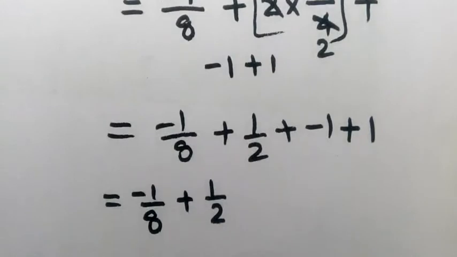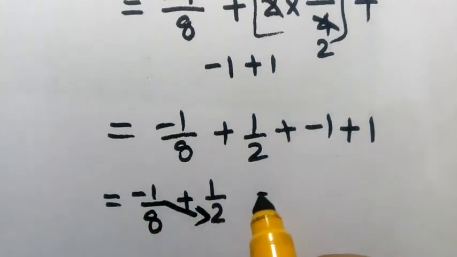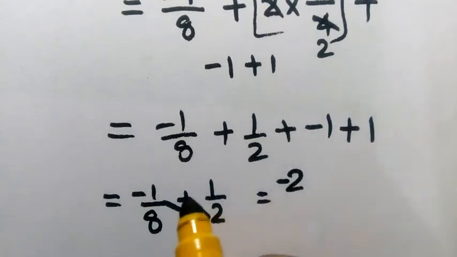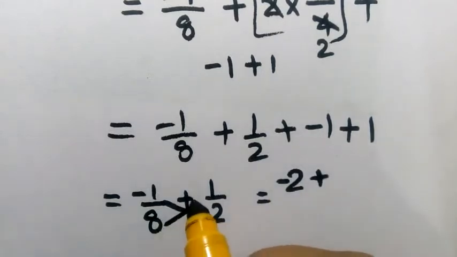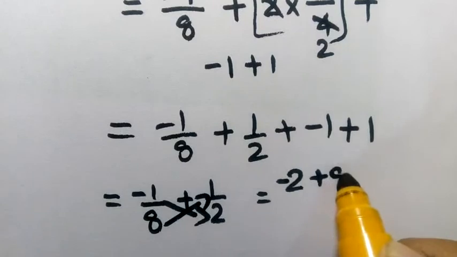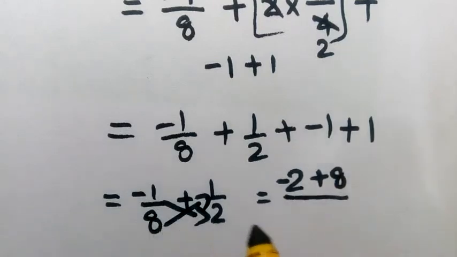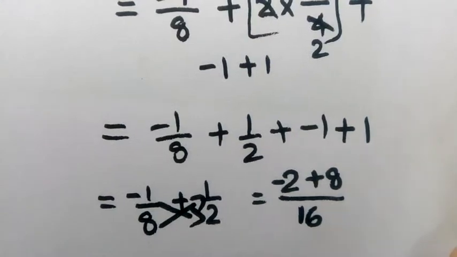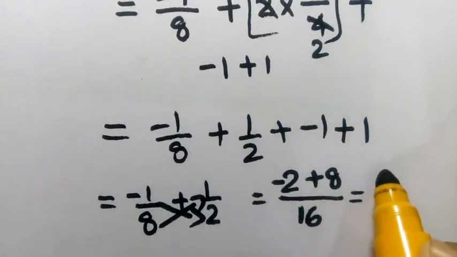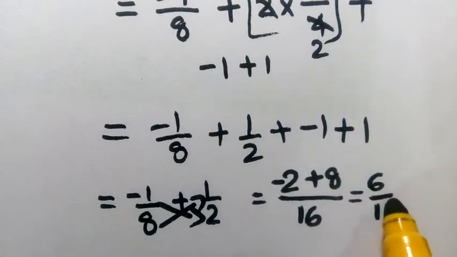Now we need to solve minus 1 by 8 plus 1 by 2. I am applying the cross multiplication method. So first minus 1 into 2, minus 2, plus 8 into 1. 8 into 2 is 16. Next, minus 2 plus 8 is 6 by 16.